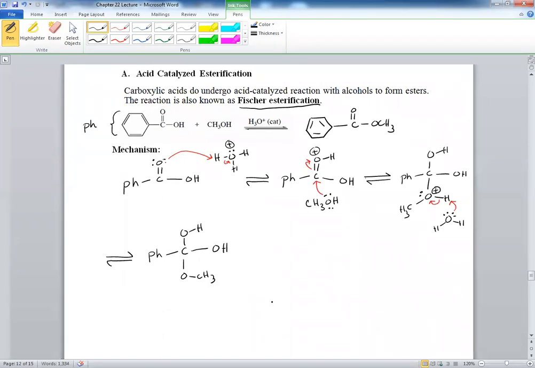Okay. Now, the next step would be, again, you're regenerating the acid here, to protonate because you need one of those OH groups to leave. So it would be to protonate it.